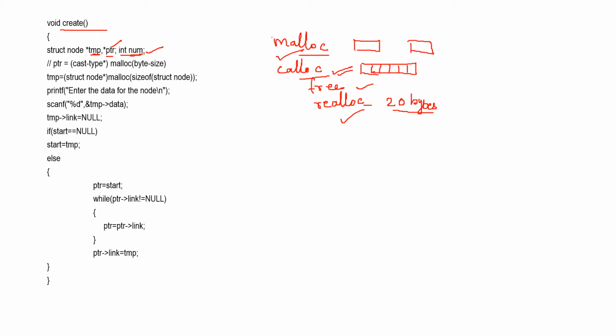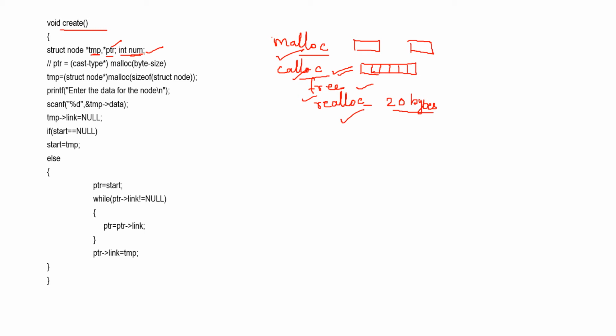Once again, malloc, calloc and realloc are all the functions used for dynamic memory allocation, but malloc allocates memory which will not be stored in consecutive memory locations.